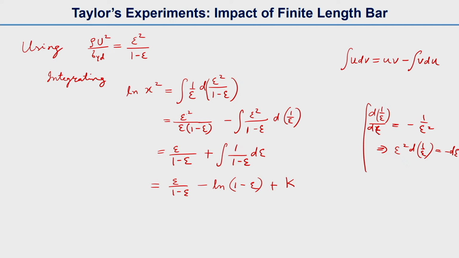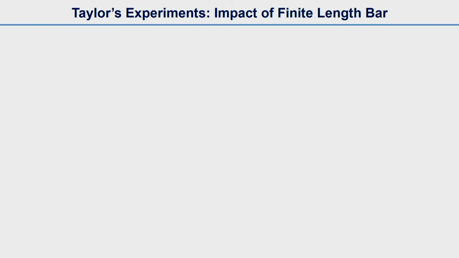We will use some boundary conditions here, like at x equal to L, where L is the initial length of the bar when impacting the rigid wall. When it impacts the rigid wall, let us assume the strain is epsilon equal to epsilon 1.